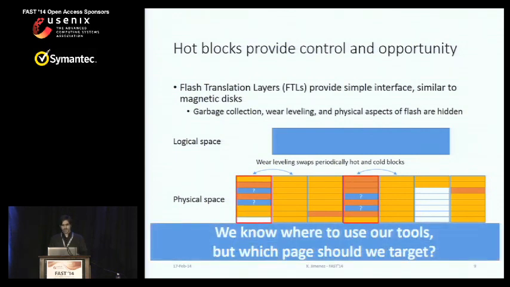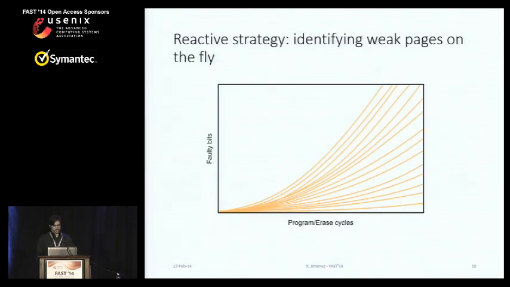So now we know where to use our tools, but how can we identify those weak pages? We will propose 2 strategies that we try to keep as simple as possible. The first one, which is quite intuitive, is called the reactive strategy. We identify weak pages on the fly. Let's assume the degradation speed of each page, as we have seen in the beginning, slightly simplified.